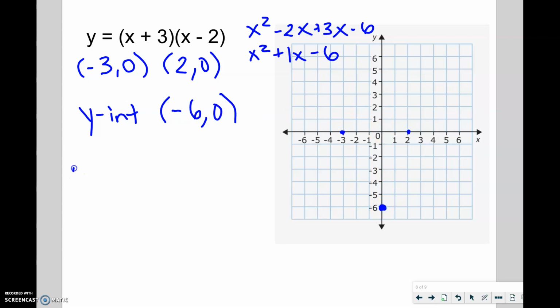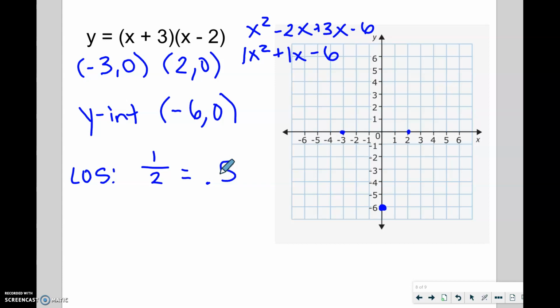And then I can find my line of symmetry, which is going to be negative b, which is 1, divided by 2a, which is 2. So half, or 0.5. And when I plug the 0.5 in, I could plug it into the factored form or the other one: 0.5 squared plus 0.5 minus 6.